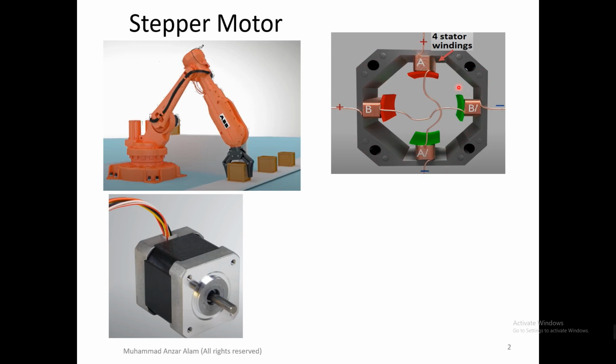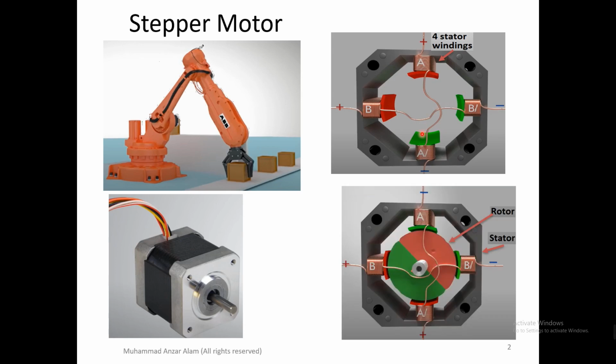And on this stationary part, the four windings are installed: one, two, three, four. So these are basically the four stator windings. These windings are installed on the stator, so it never rotates. Please remember this one. It is inside the body, so it cannot rotate.